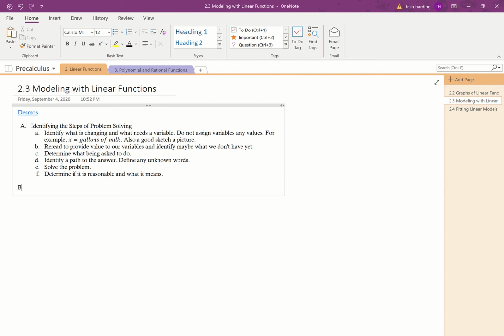So now we're going to build a model. They've got a good example in the book, so I'm going to go with that example.